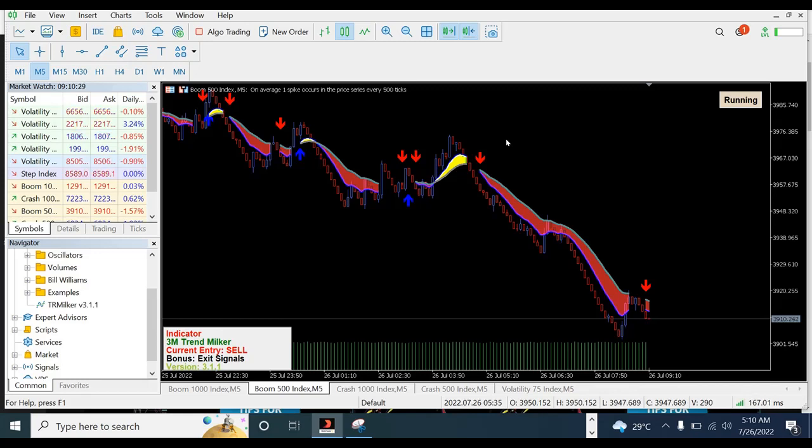That is when you are most likely to lose your capital. But if you follow the right instruction, the right trend, and the right signal, and you are not greedy, then definitely you're going to make lots and lots of profit. So many people have been doing this, and you too can also do it.